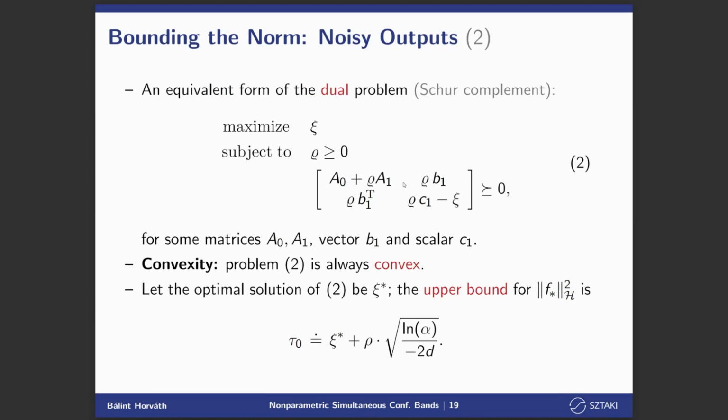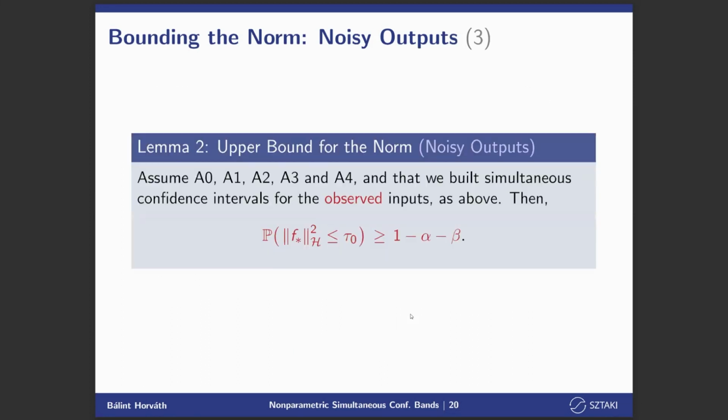I can't really go into the details about these constraints here, but luckily this dual problem is convex, and the optimal solution, which is given here, also provides us a nice upper bound for this norm of the regression function. It is given by a similar formula as before, and we can also state a lemma similar to the noise-free case.